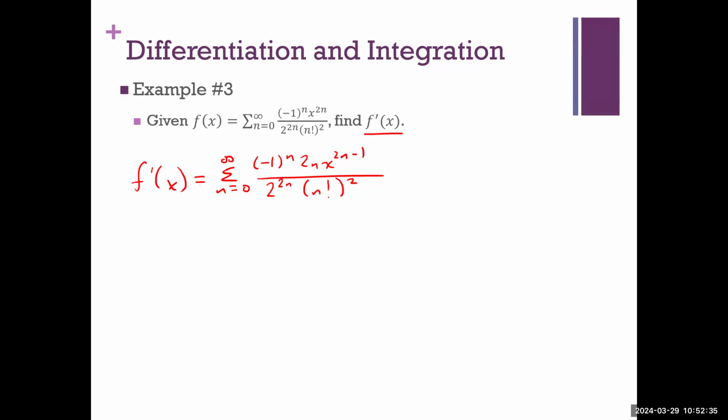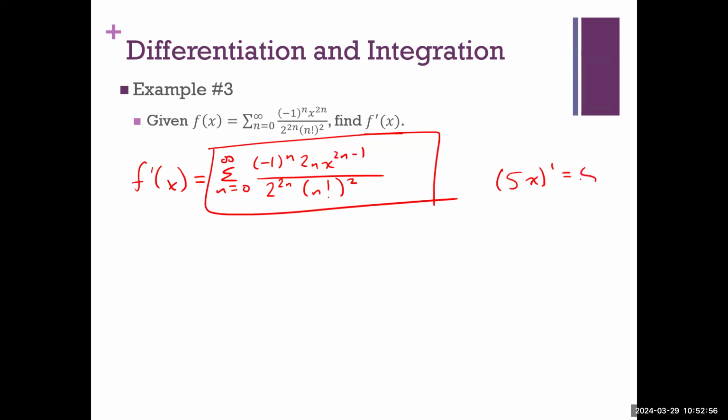But I believe this is our derivative. It's a constant multiple. It's the same reason that, what's the derivative of 5x? It's equal to 5, which is the same as 5 times the derivative of x, right? Same kind of thing here.